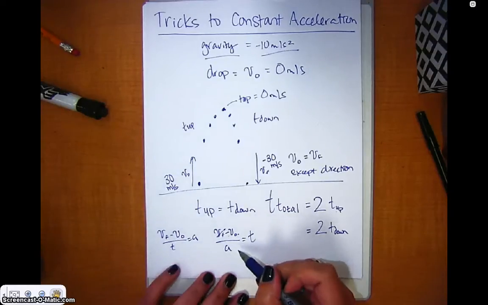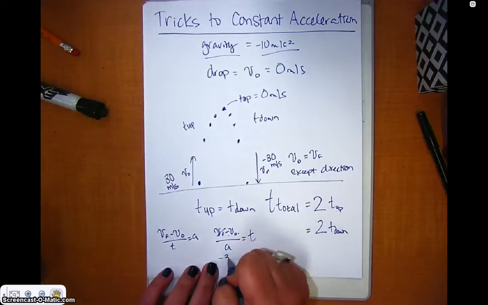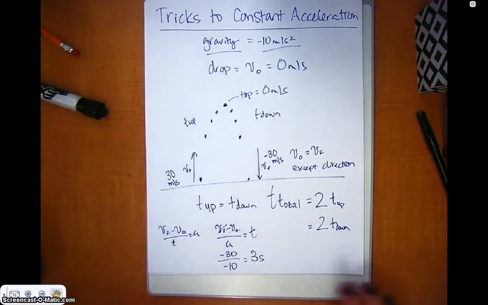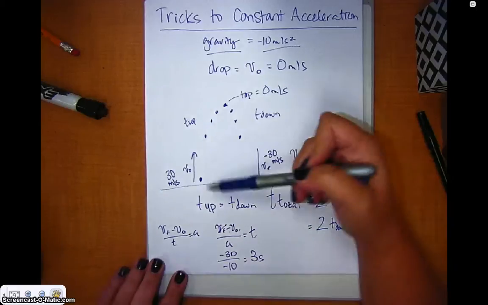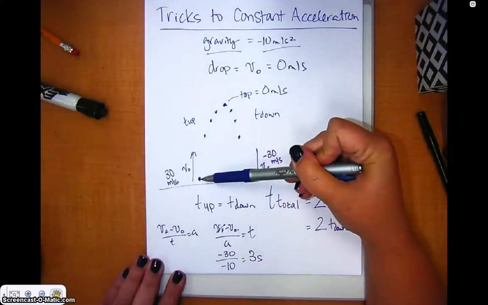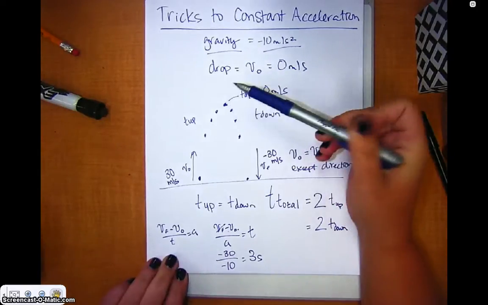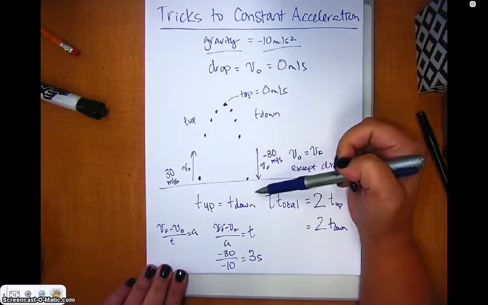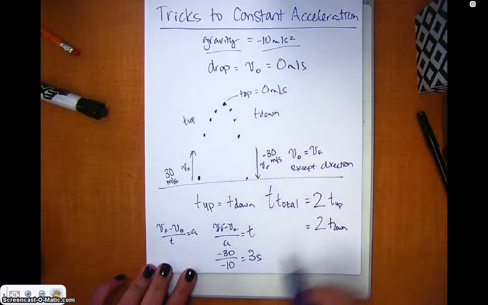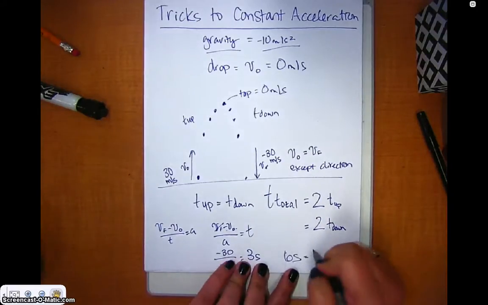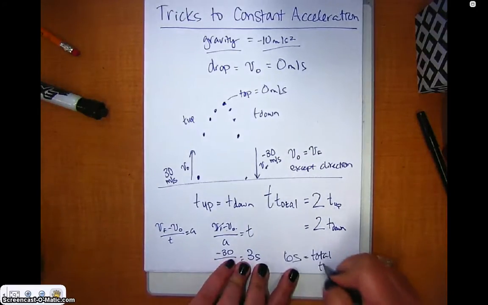And so I know immediately that if I take -30 and divide it by -10, I get 3 seconds. So if I toss a ball up in the air at 30 meters per second, it takes 3 seconds for it to come up to the top. And because up and down are equal, that means total time would be 6 seconds.